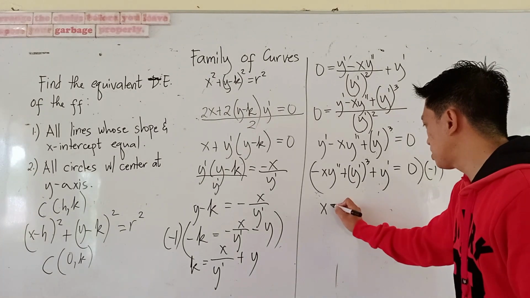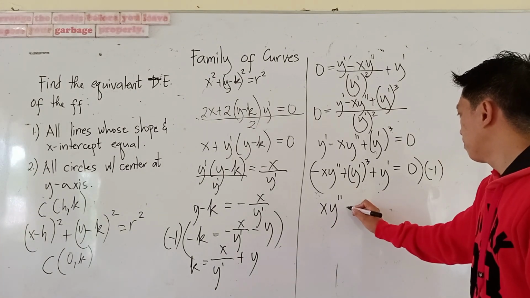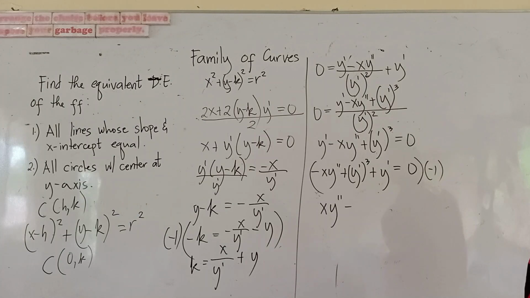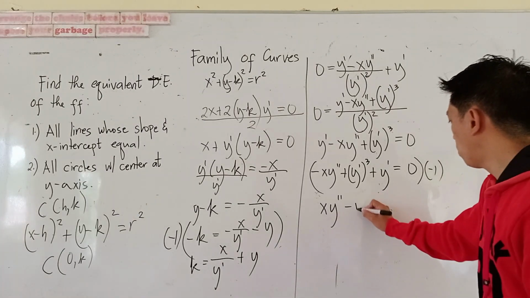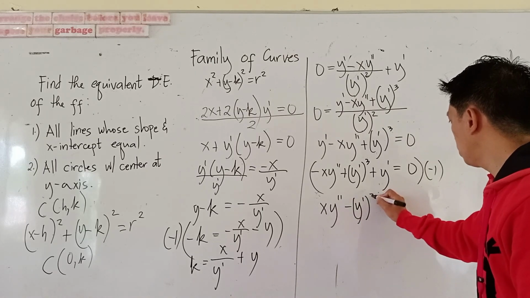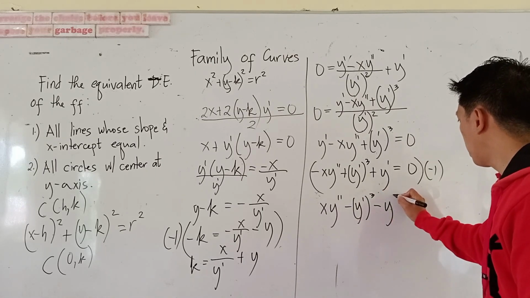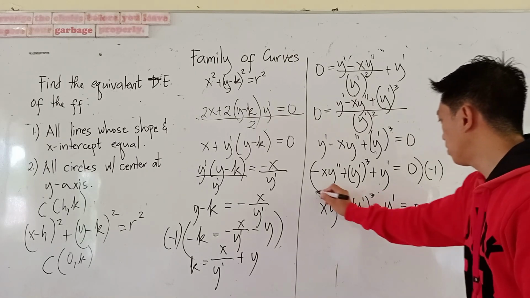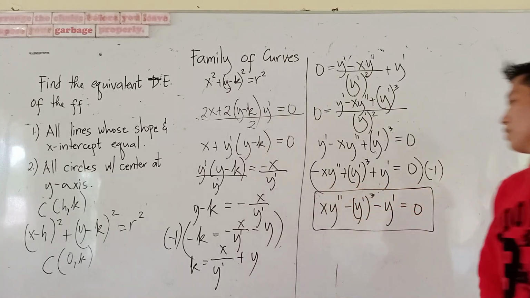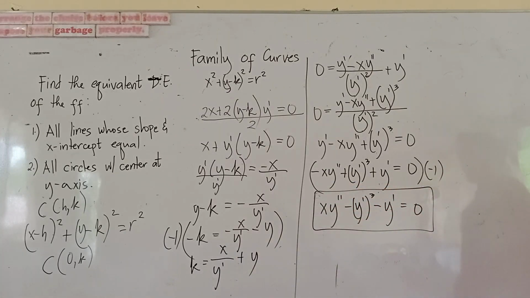So we have x y double prime minus y prime cubed minus y prime equals 0. Ito na po yung equivalent DE ng all circles with center at y-axis.